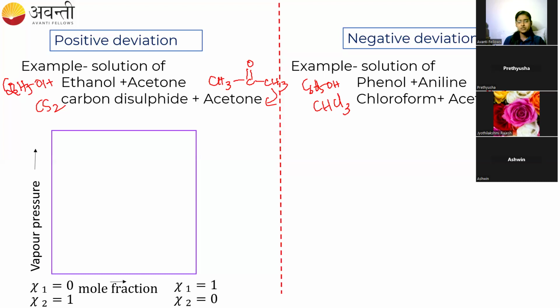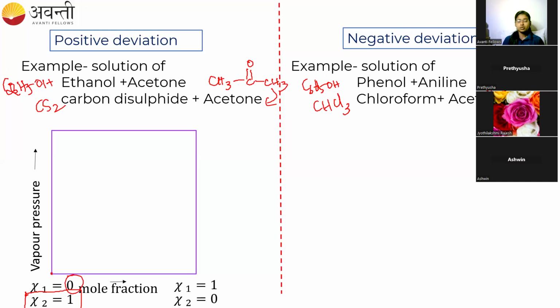Here is a graph which we have already discussed in the previous class, under vapor pressure. On the x-axis we have vapor pressure and on the y-axis we have mole fraction. At this point we have only component number 2. Only the mole fraction of 2 is there, and the mole fraction of 1 is 0.